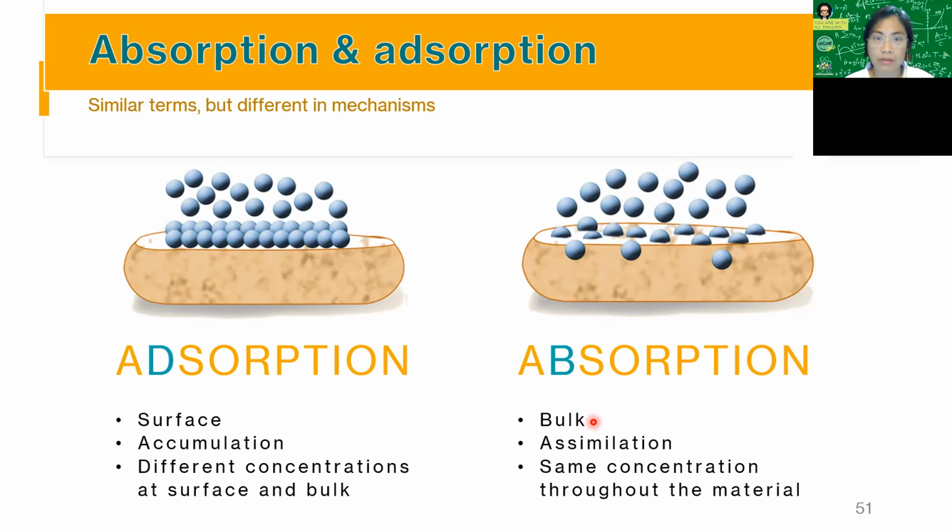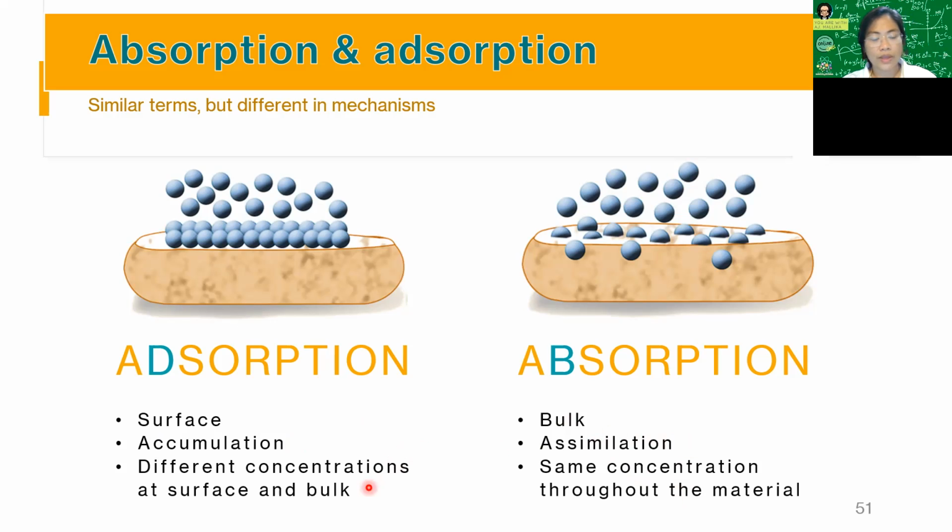So it's a bulk process, while adsorption only happens on the surface. Adsorption is the accumulation of material on the surface, while absorption is assimilation into the bulk of something.